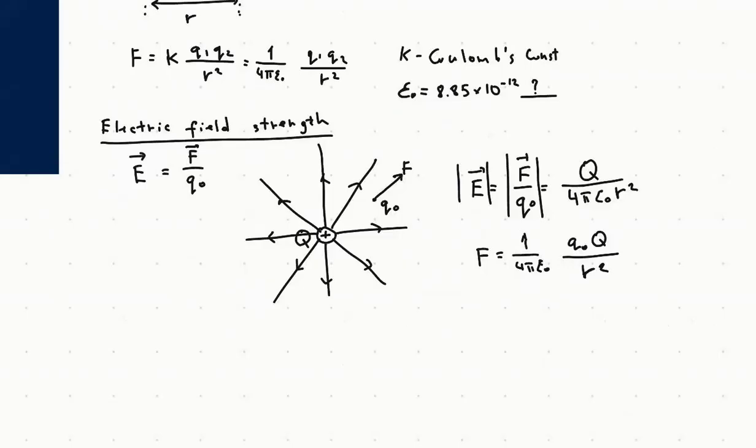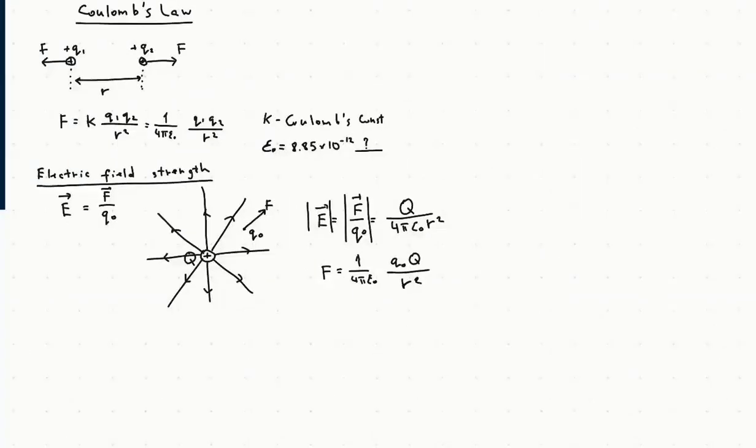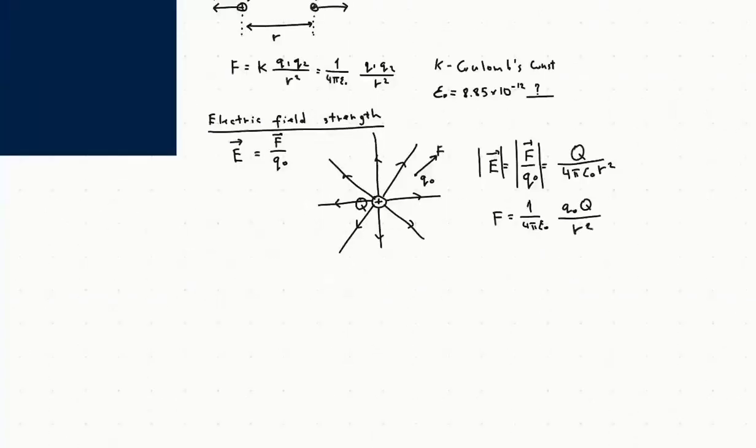The electric field strength is measured in newtons per coulomb. So it shows you how much force would be experienced by 1 coulomb of charge. And 1 coulomb is a very big charge. Therefore, the electric field strength is usually quite a big number.